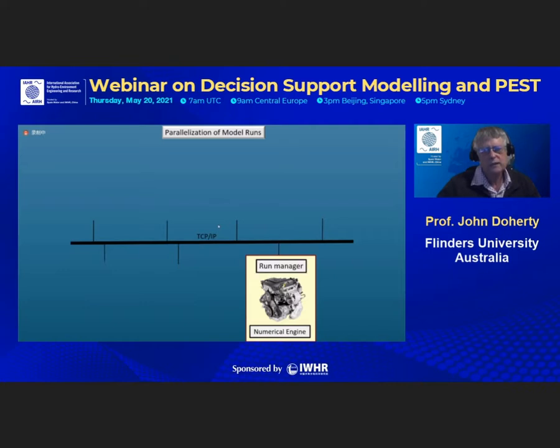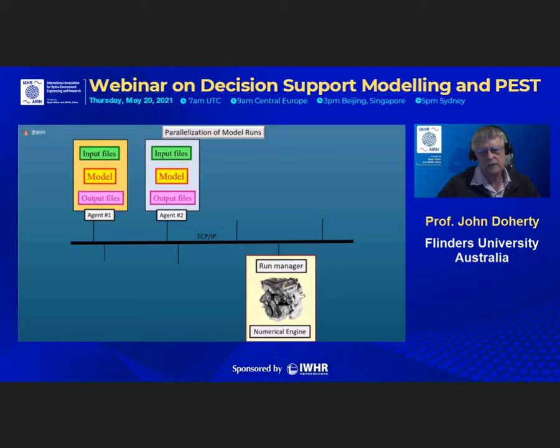Members of the PEST and PEST++ suites have an architecture like this. There's a run manager, and this does the magic, this does the inversion, this does the data assimilation, this does Bayes' equation. But as model runs are needed, and hundreds, thousands of model runs are needed, these model runs are commissioned.